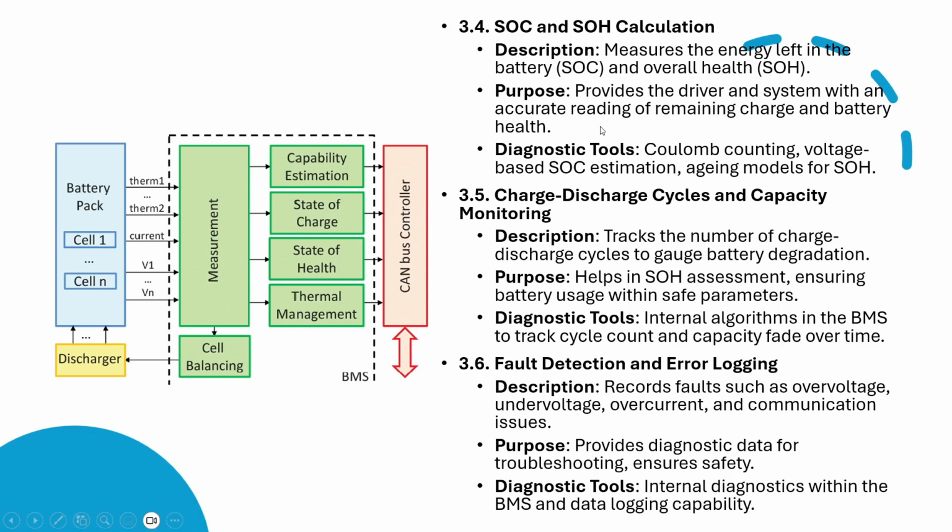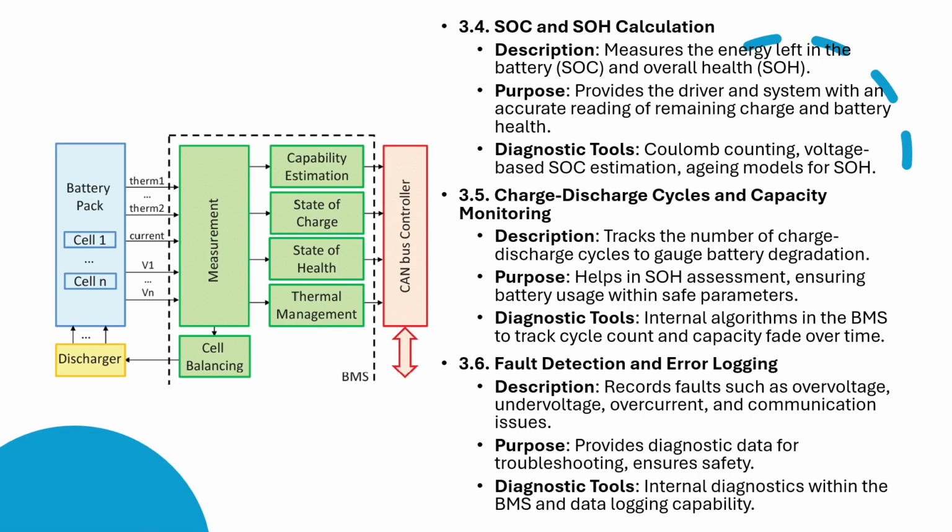The purpose of calculating these two parameters is to provide the driver and the system with an accurate reading of remaining charge or battery health. The diagnostic tools used for these estimates are coulomb counting, that is, what coulomb charge level is available, and voltage based SOC estimation, and an aging model for state of health estimation.